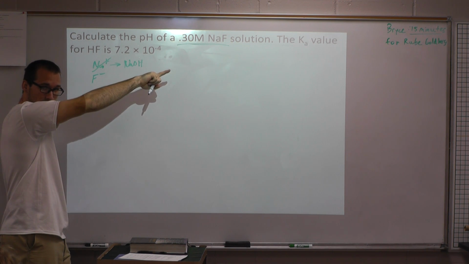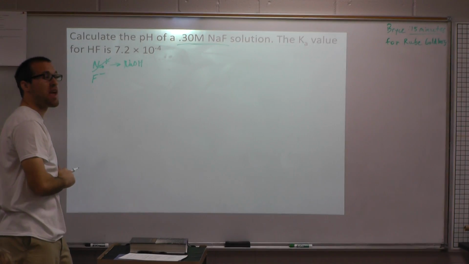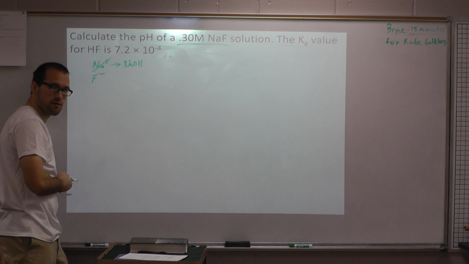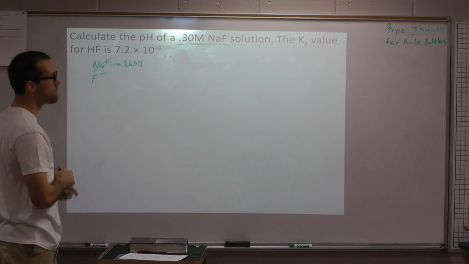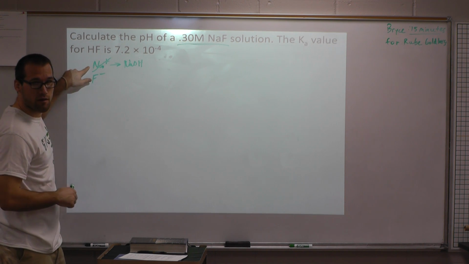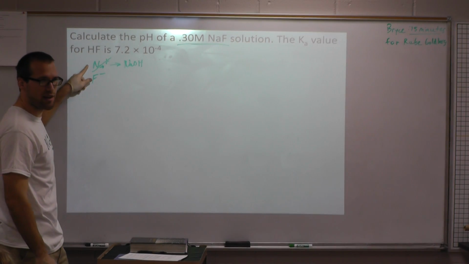Notice what they gave us: Ka. How do we go about doing this base problem when they gave us Ka? Isn't NaOH a base too? Yeah, but this isn't even going to react, remember. It won't react because it would produce something strong, so it's just going to sit in solution as an ion and not do anything.